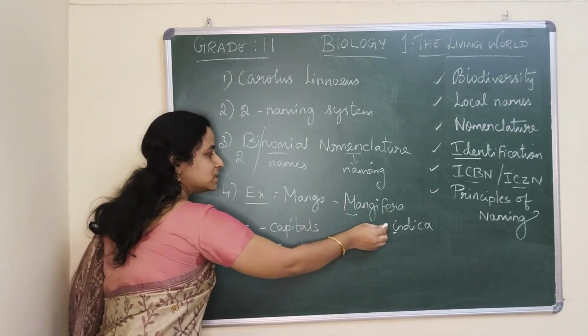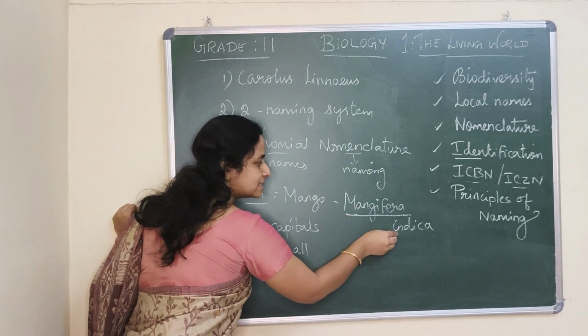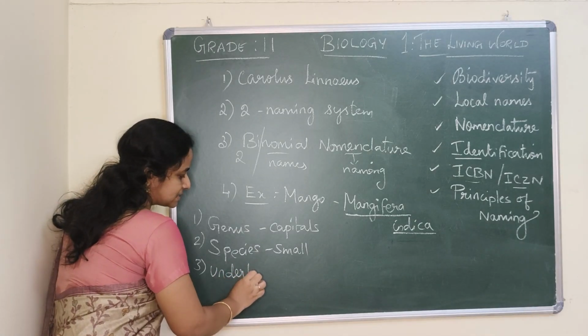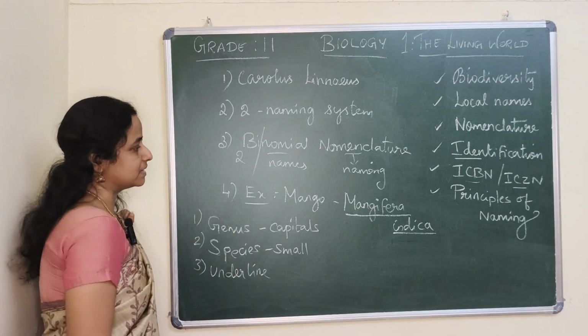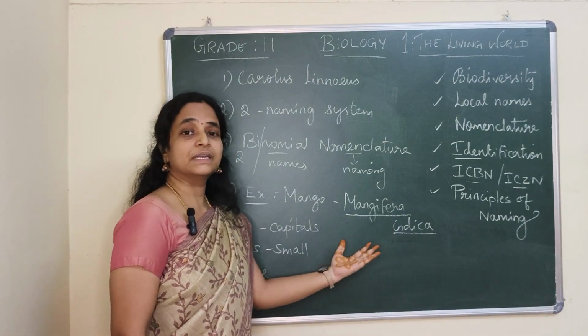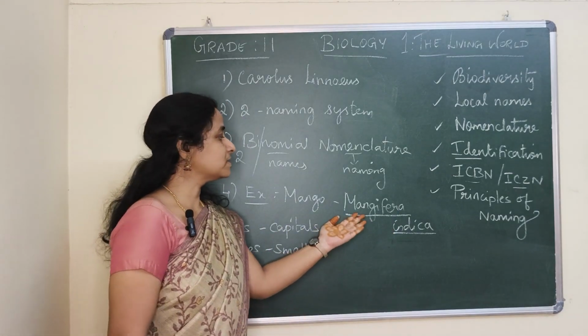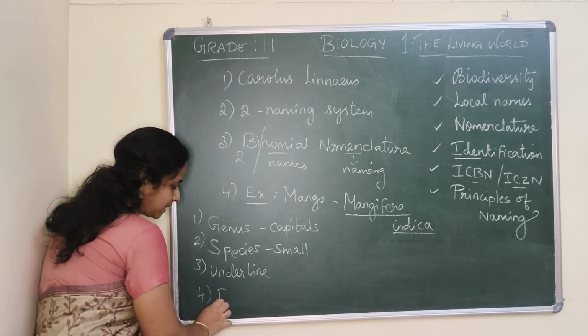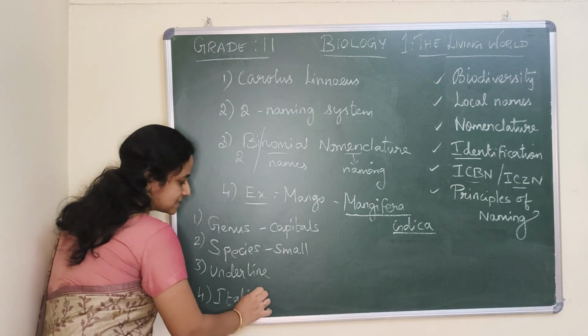Then both the words should be underlined separately. So the next principle you need to follow is underline the words separately. And if it is handwritten, you can write it normally. But if it is printed, you should write it in italics.